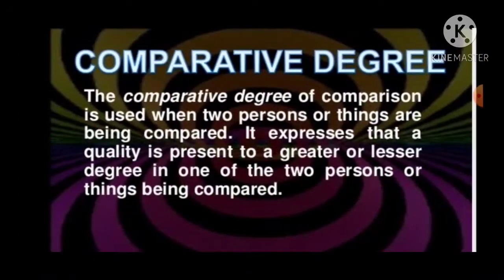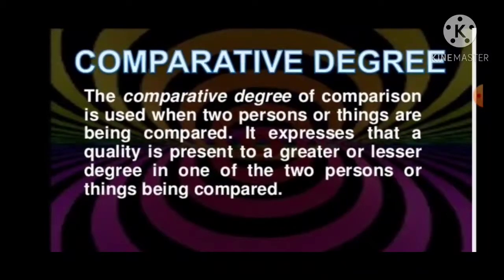Next, comparative degree. The comparative degree of a comparison is used when two persons or things are being compared. Here comparison starts between two persons or things, but usually the comparison will be between identical or similar persons or objects.